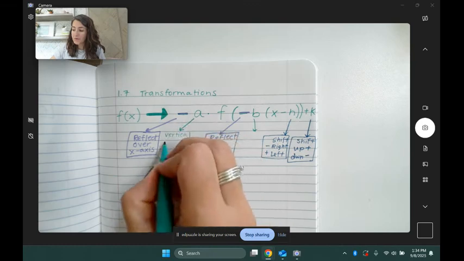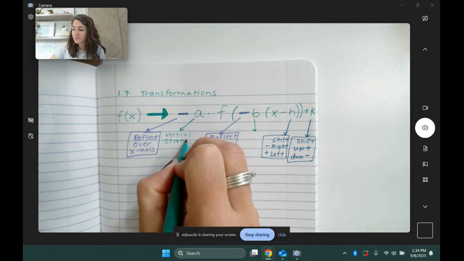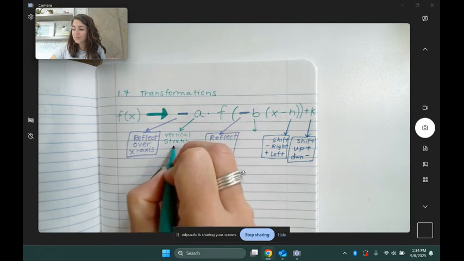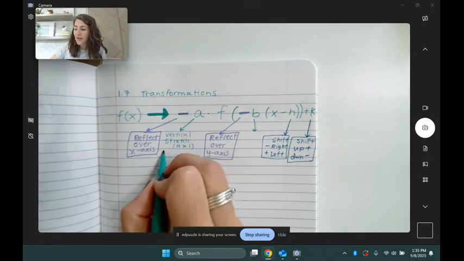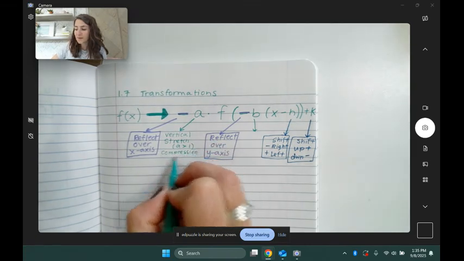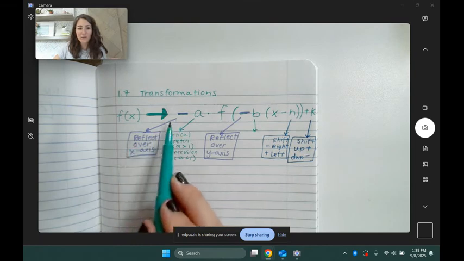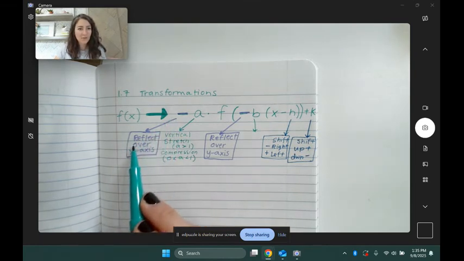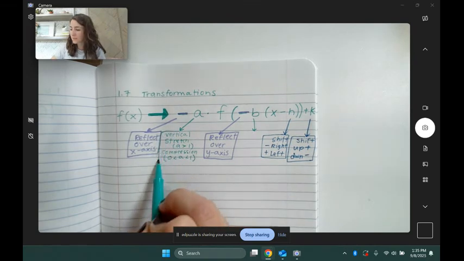But if this number is bigger than 1, we're going to call it a stretch when a is bigger than 1, and a compression when a is between 0 and 1. Again, if it's a negative number, that's just a reflection and then whatever this is. So that's why it's not less than 0.